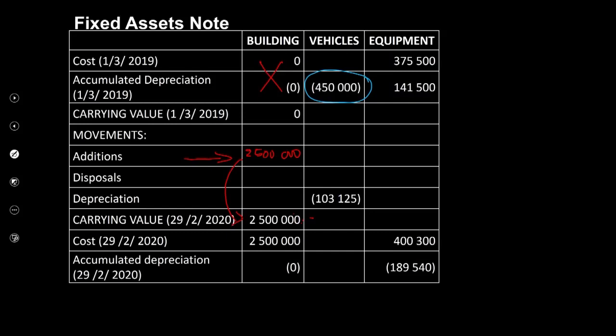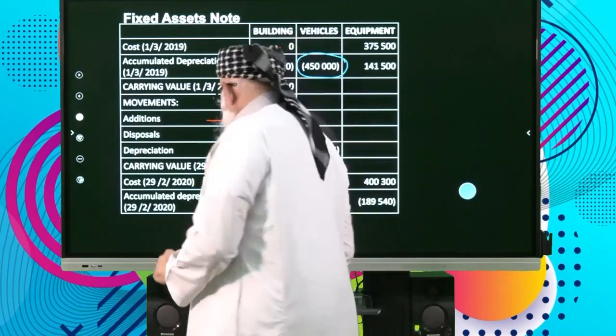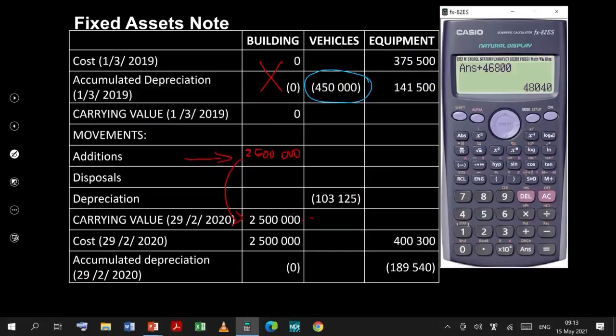450,000 Rand. Remember, it was 4 vehicles, all of them identical. So step number 1, we take the 450,000, which is my accumulated depreciation, divide that by 4 and that will give me 112,500 per vehicle, right?